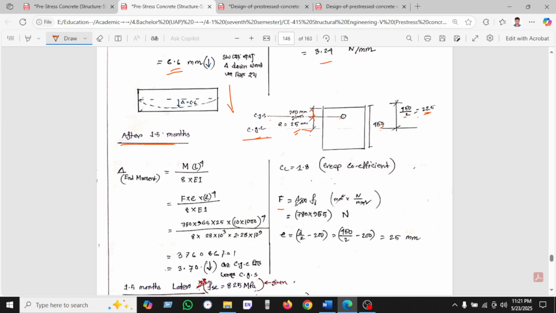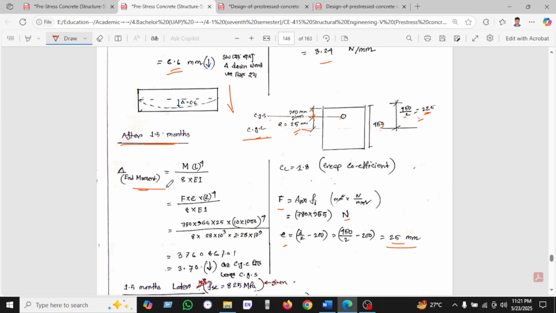Similarly, we are finding the force, which is area into stress, which is given here, and the eccentricity, which is D divided by 2, 450 divided by 2, minus 200, and we found 25.